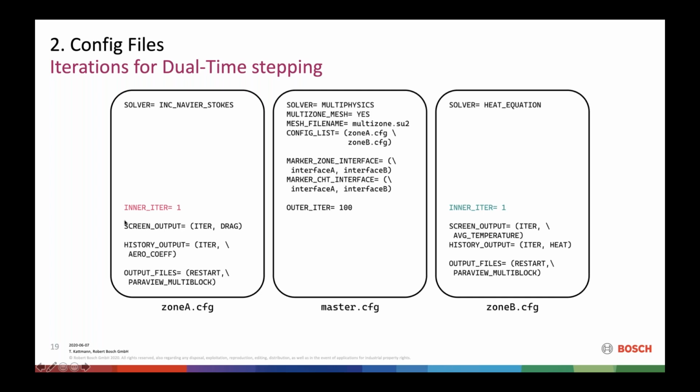The last bits in the zonal configs which we have to take care of are related to output: screen output, history output, and output files. And we can already see a problem. If we want to unify that into the master config, because especially for screen output that would make sense, how is it evaluated in the master whether, for example, drag refers to zone A or zone B?